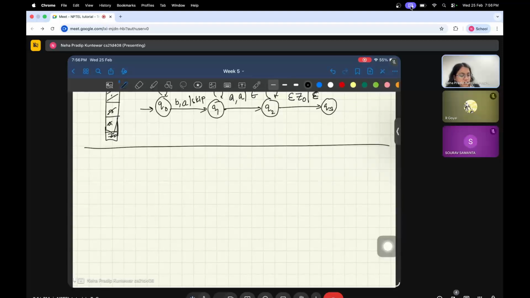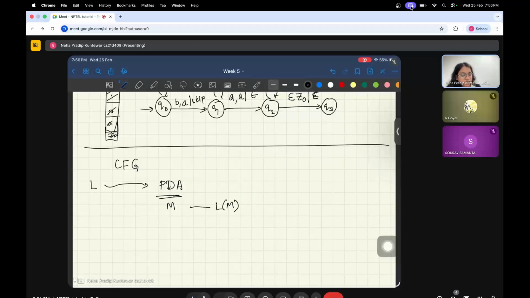One thing that I will not prove, I don't know if you've seen this in the class, but one thing to remember is that if you have a context free language L, then you can equivalently come up with a PDA which accepts that language. Similarly, if you have a PDA M, then the language of M must have an equivalent context free grammar.